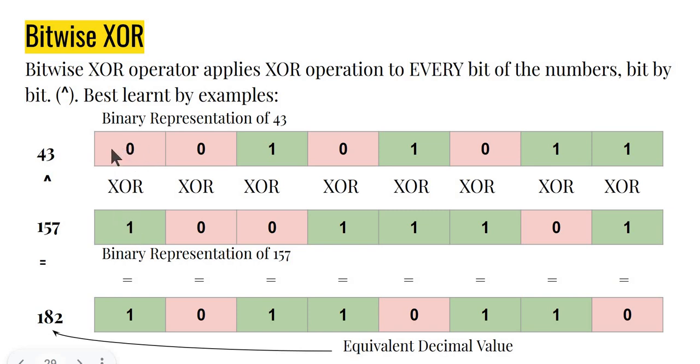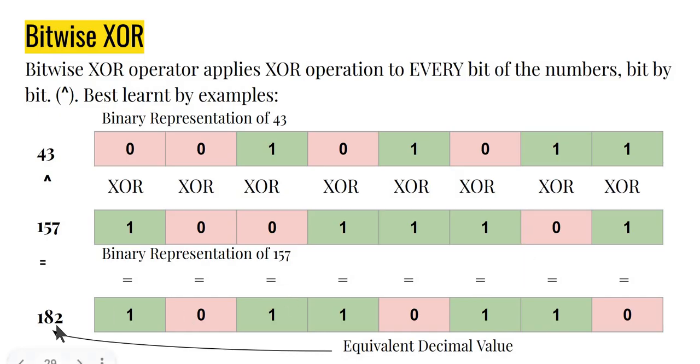So if I do a single bit XOR on this, I will get a 1. For this, I'll get a 0 because both are 0. For this, I'll get a 1. For this, I'll get a 1. For this, again, I'll get a 0 because remember, 1 and 1, when I XOR, both are the same, hence I get a 0. This will result in 1. Finally, this will also result in a 0. So we are just applying the rules we have seen for the single bit XOR. Every bit, we are applying that rule.